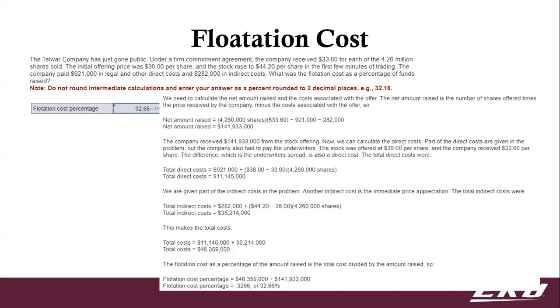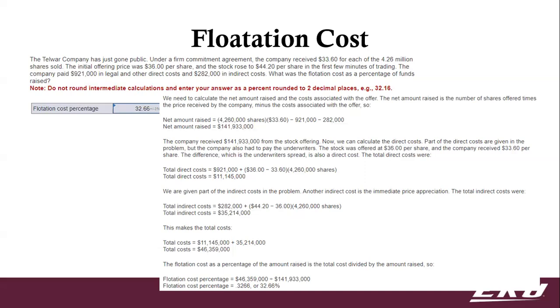Okay. Now, as far as the indirect costs, they did tell us that we have this $2.82 million indirect cost, right? As far as what are the other indirect costs, it's that IPO increase, right? And this is very common right after that initial issue. The value of the stock will go up, right? In this case, it went from 36 to 44.20, right?